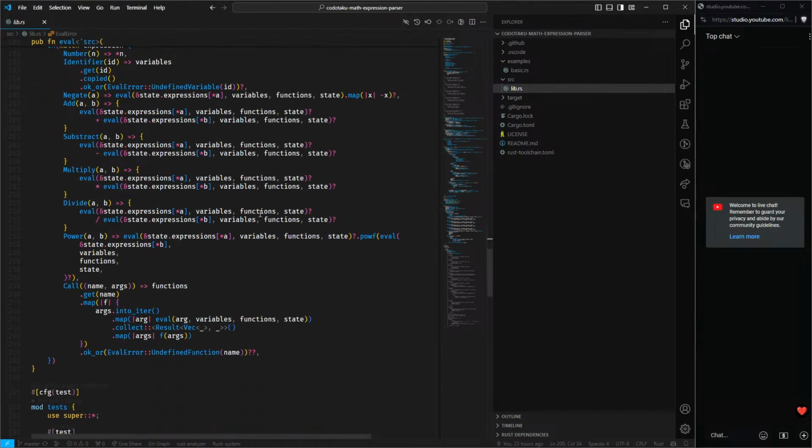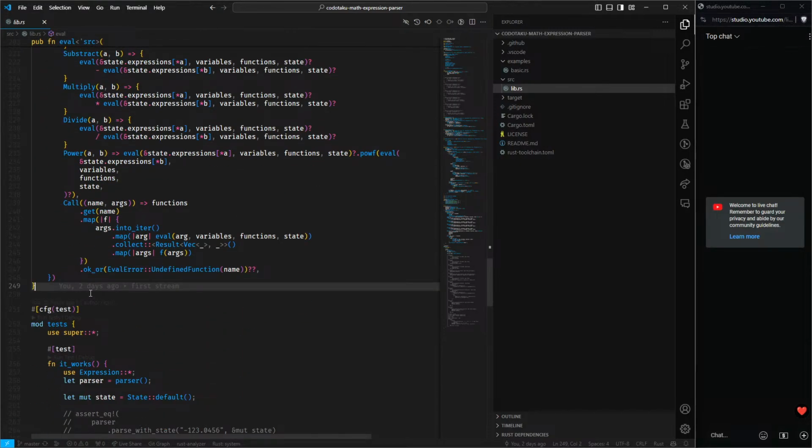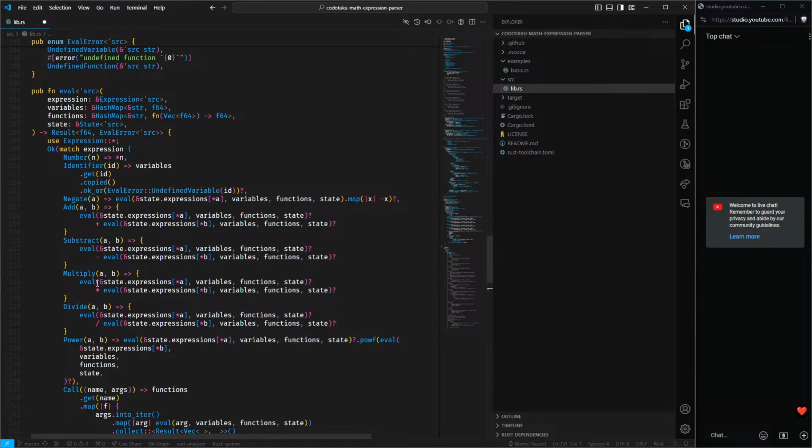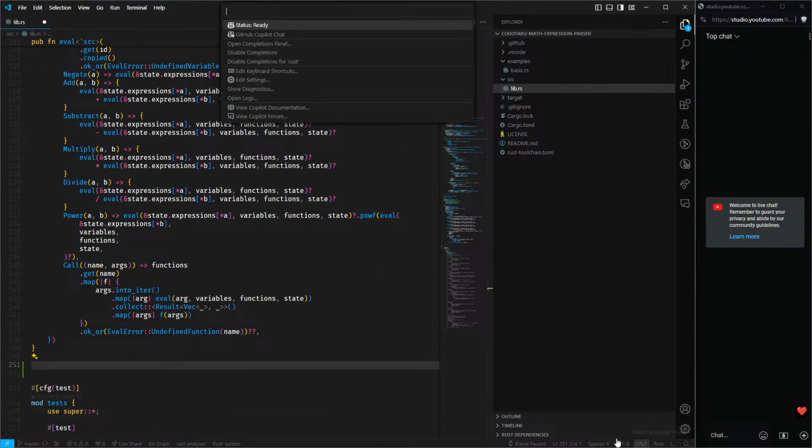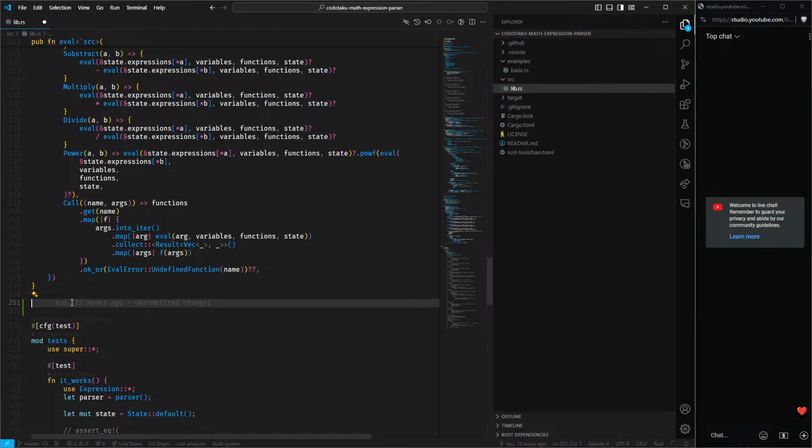Alrighty. Okay, so we'll have, of course, another function, which is called constant folding. I'm gonna disable the AI for now for a second. Okay, did it get disabled? Yes, it did. Okay, cool.